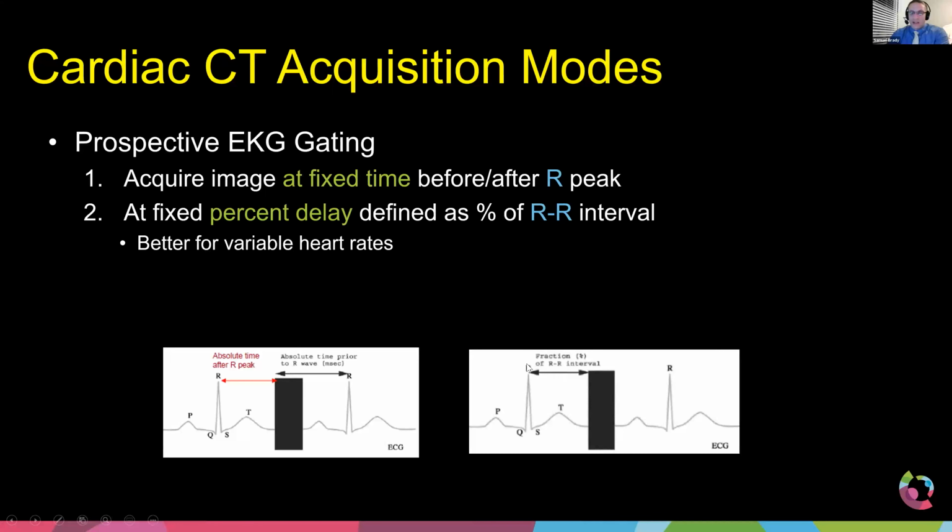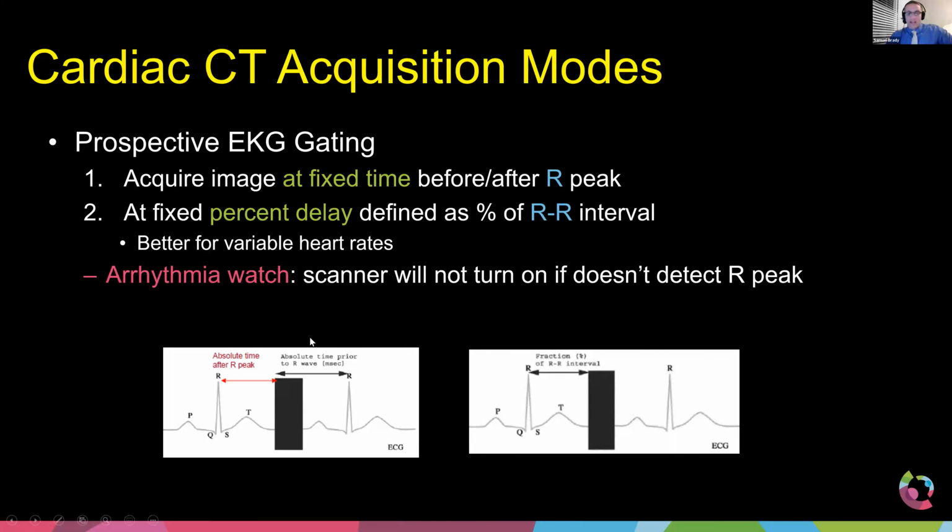It knows the time from R to R because it's measuring the heart rate throughout before the CT scanner ever turns on. So it knows what an average R to R interval time is. If you say, I want you to go at the 75th percent of that, or the 60th percent, it knows what that is. And when it sees the R peak, it counts down the time and acquires.